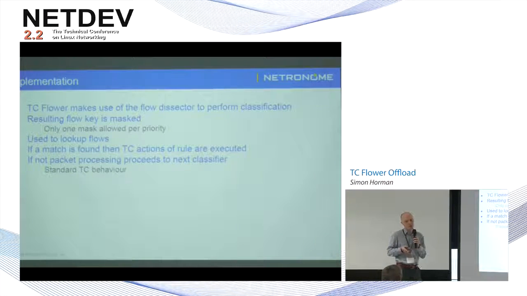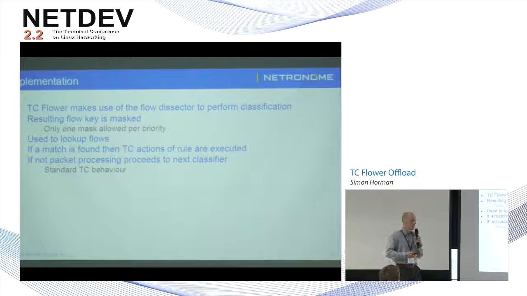If there's a match, the actions are executed, and these are TC actions. If there's no match, then processing continues as per the usual TC rules. It will basically look for the next classifier, and if there are no more classifiers, it will fall down through to the regular Linux stack.